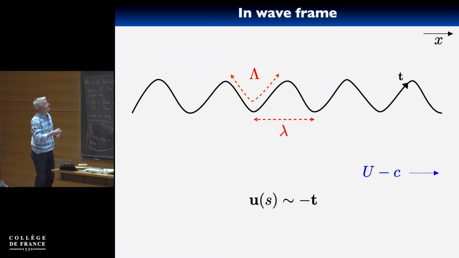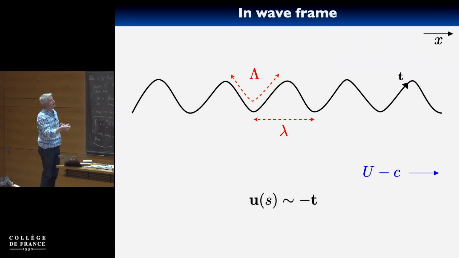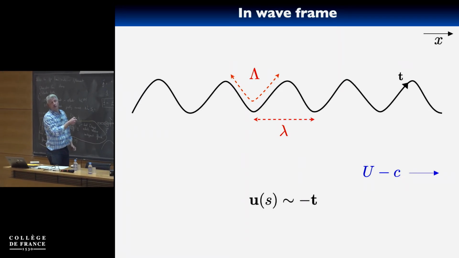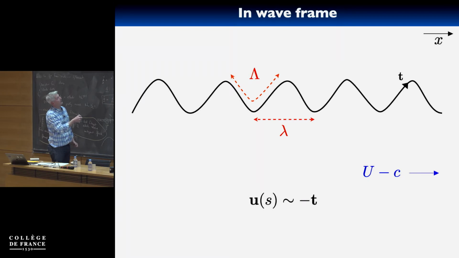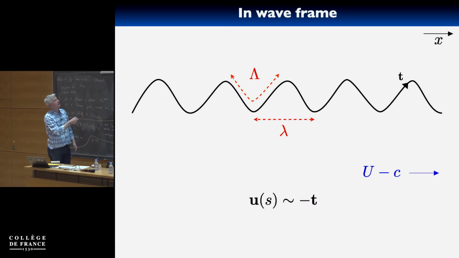So in that frame, now I know everything about the deformation. The motion is minus the tangent. If I call t the unit tangent vector, the motion is in the minus t direction. How much exactly is it moving in the minus t direction? You can calculate this exactly. In the time it takes for you to move one wavelength lambda along x, material points have to move backwards exactly a big Lambda along the filament.